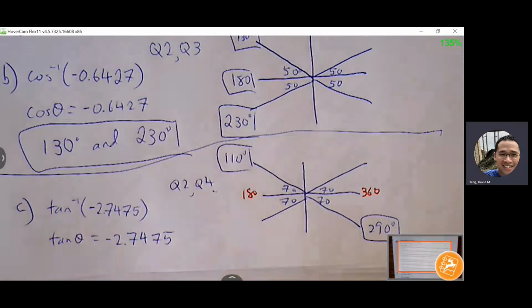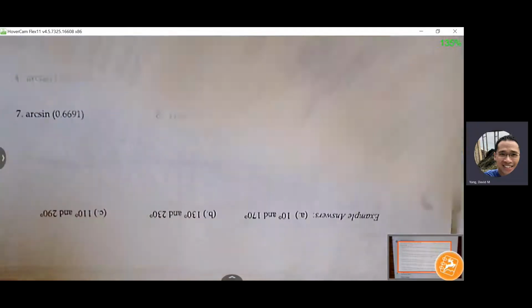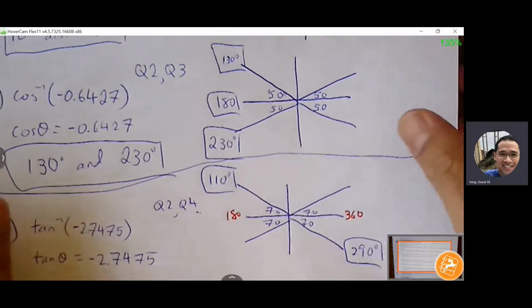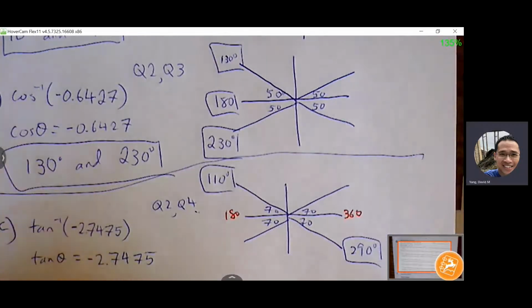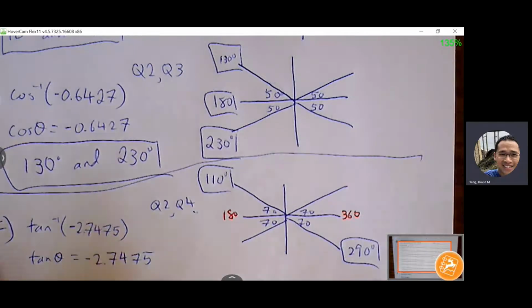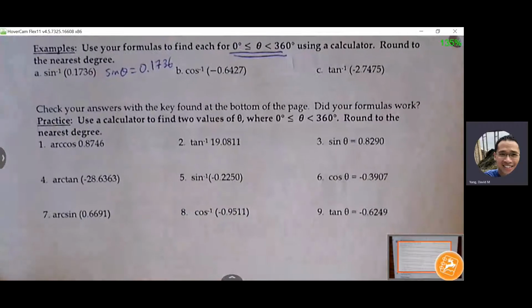Can you guys try the rest of this worksheet? I'll put up the answers in a little bit, and then I'll go over any problems that you guys are missing or have questions about. Okay, so 1 through 9, go ahead and try those.